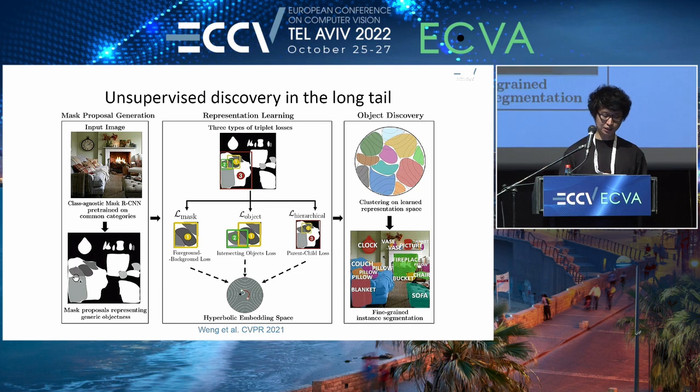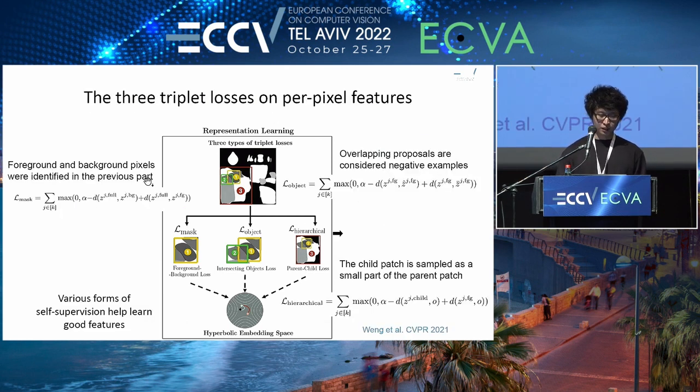And so what happens is first the method uses a pre-trained Mask RCNN to get these proposals, and then applies 3 different triplet losses, which we'll go over. Basically the idea is to exploit all the hierarchy we get for free from the visual knowledge of how the images work.